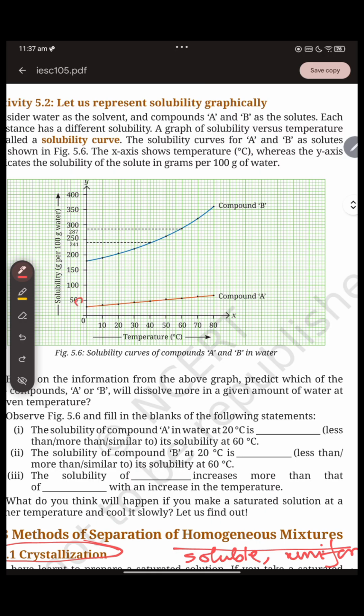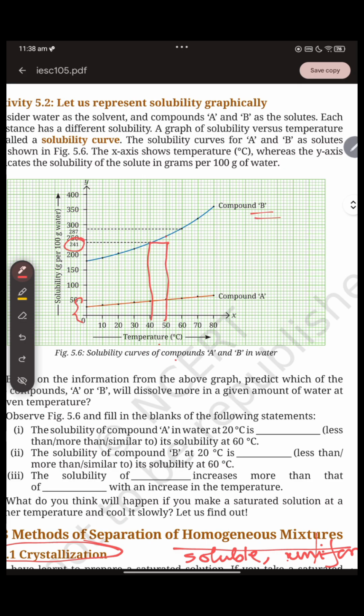So that can be within this range only, because here we can see for compound B, suppose I take 40, this one. This is at a temperature 40, and then I am seeing what is happening at temperature 50. See, the point is below, right?